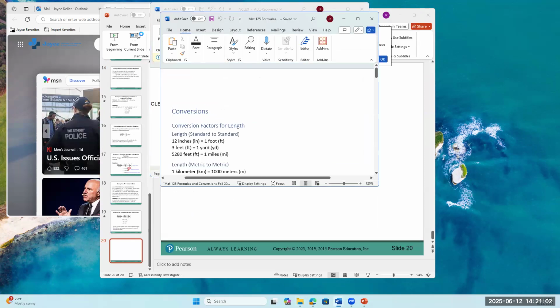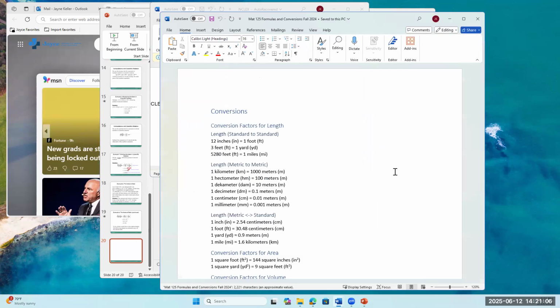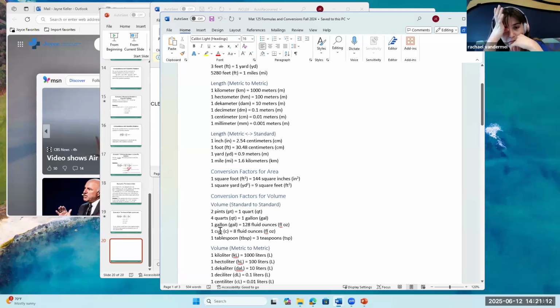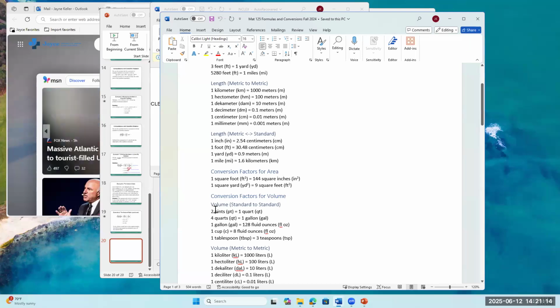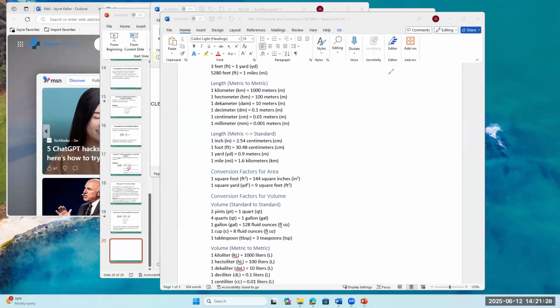This is the one. Okay, so volume. Yeah, here we go. So we kind of have to work with what we have. And we want to do 9 quarts, right? And we want to get fluid ounces.